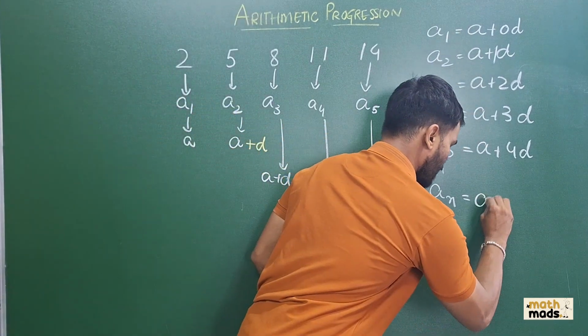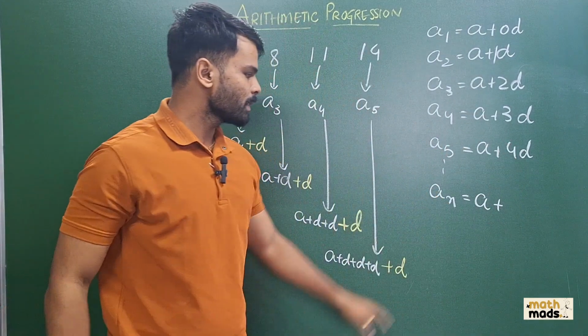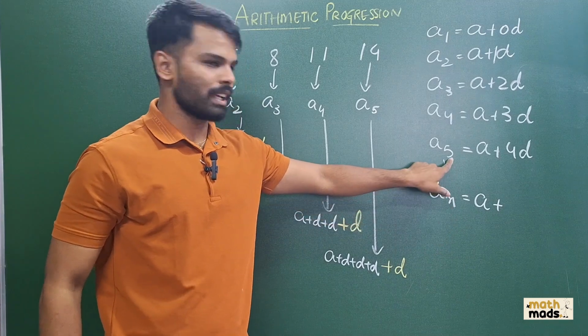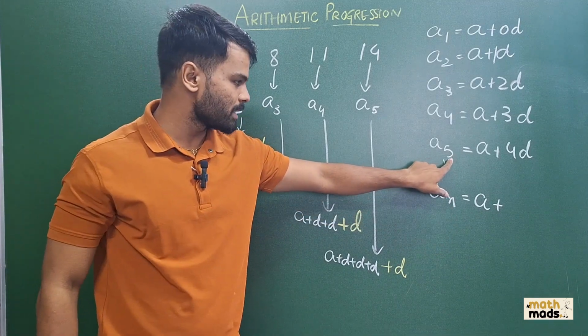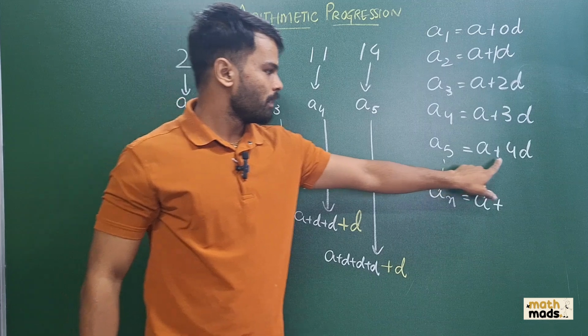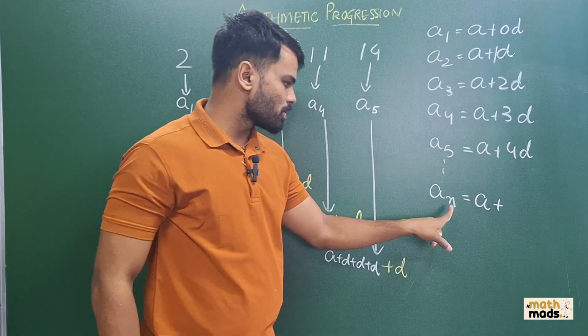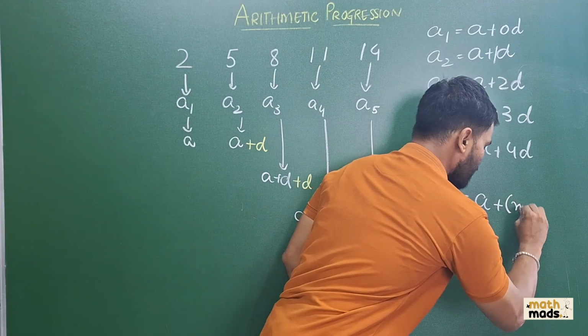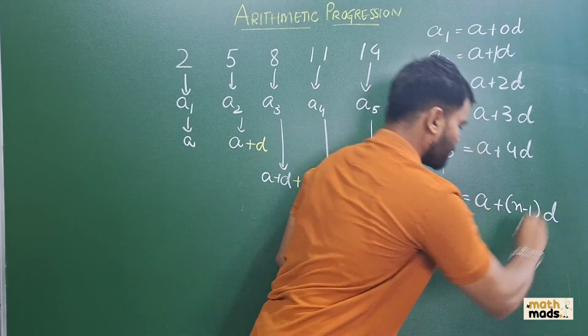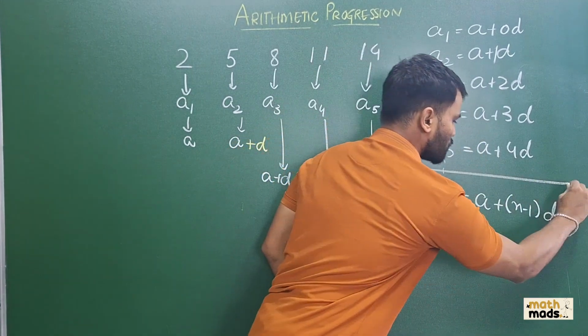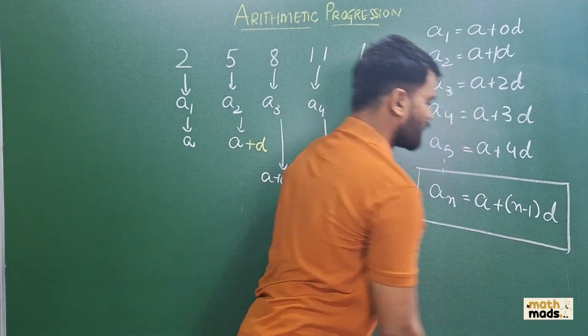So, I will write a plus, if it is n here, in place of 5, I will give one example. If in place of n it is 5, with d it is 4. So, what should I write here? 5 minus 1. So, n means n minus 1 times d. So, this is the formula to find the nth term of an AP.